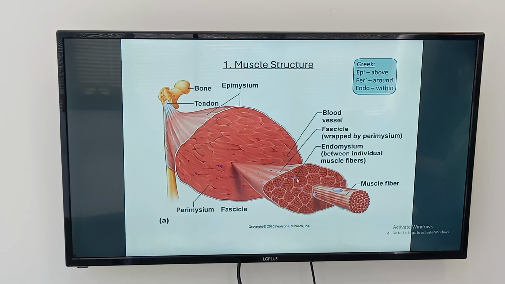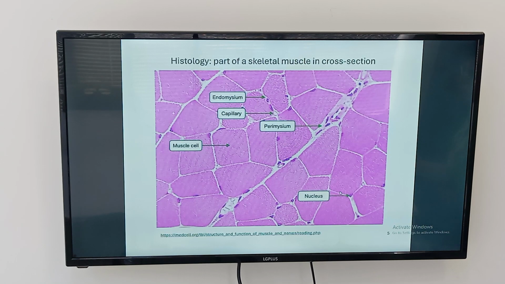Inside the perimysium, or inside the fascicle, is endomysium, between individual muscle fibers. Each of these bundles is called a muscle fiber.